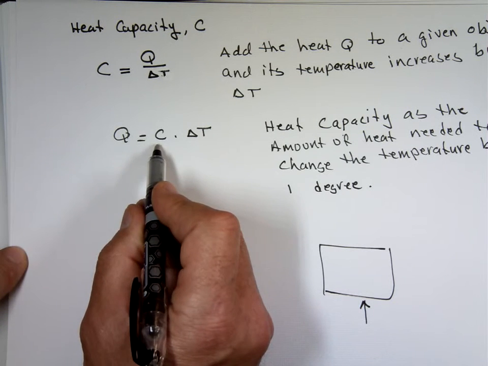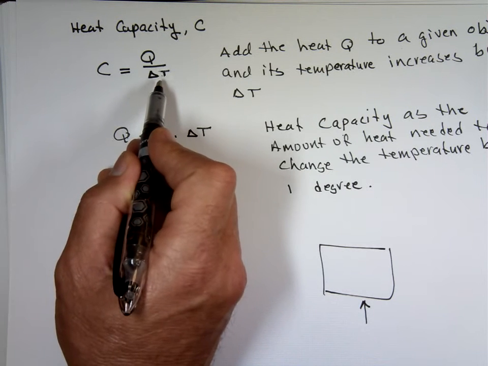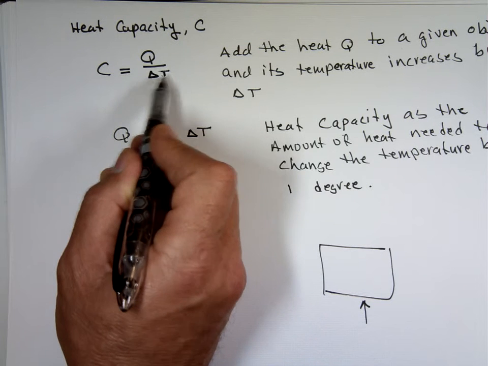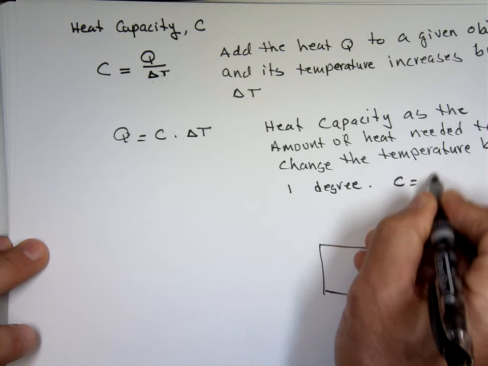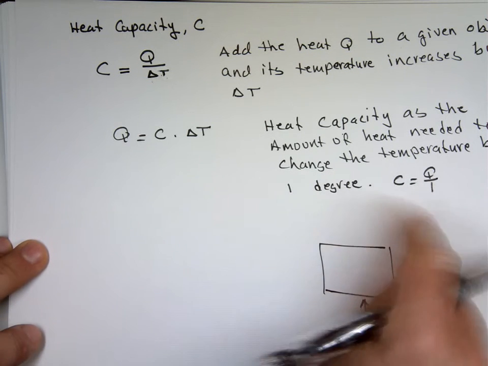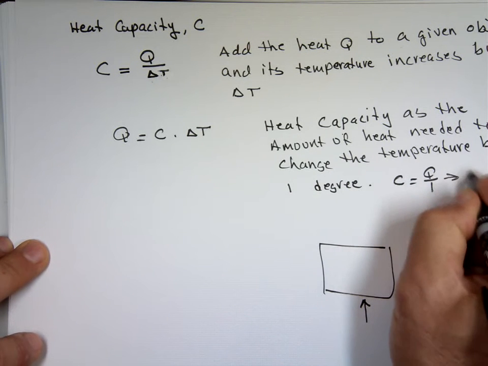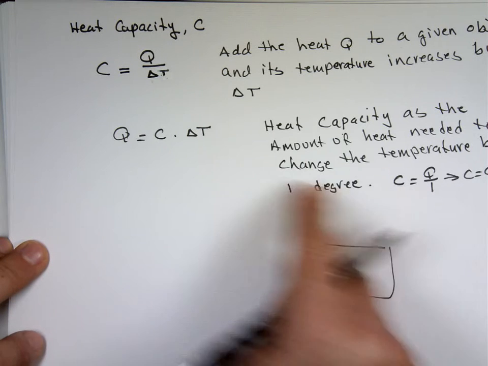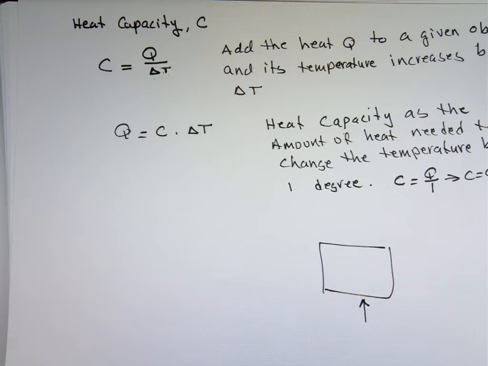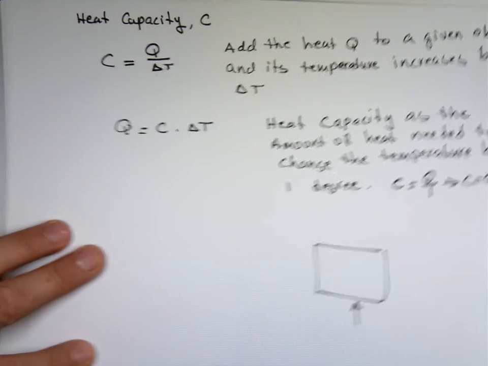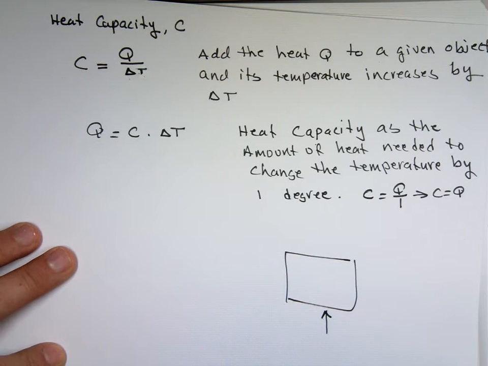Remember, the temperature change is 1 degree, so delta T will be 1. So heat capacity will be C equals Q divided by 1, which means C equals Q, the amount of heat needed to change the temperature by 1 degree.